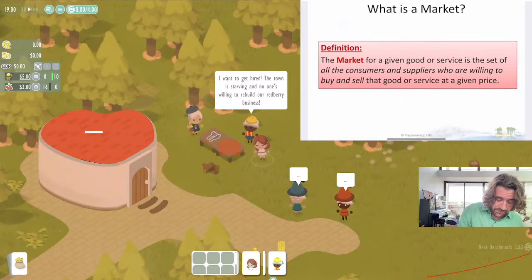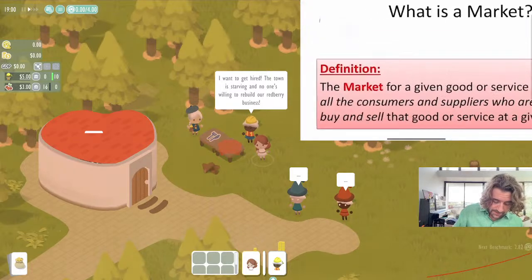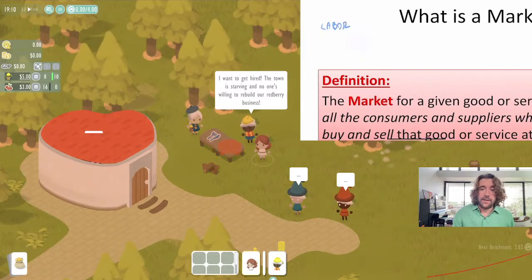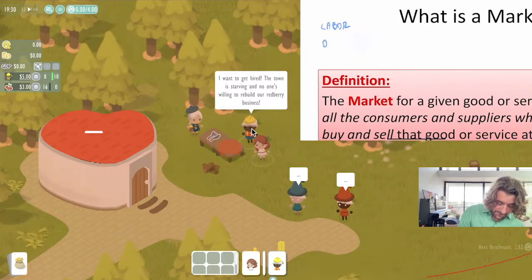So in the labor market, let me just write it here, we have a supplier, which is this guy here, and in this case, no producer. So we have someone who is supplying, but we have no firm demanding, okay?